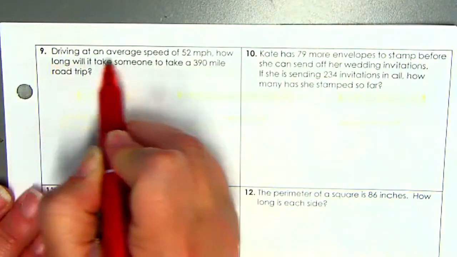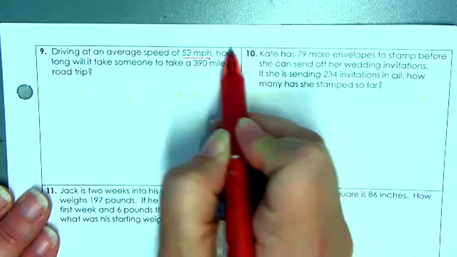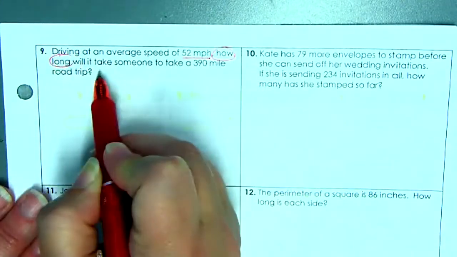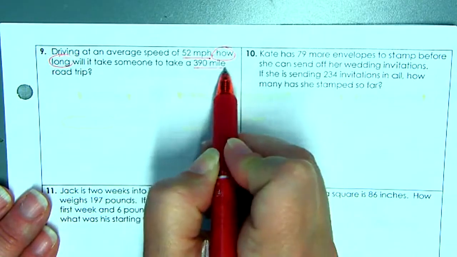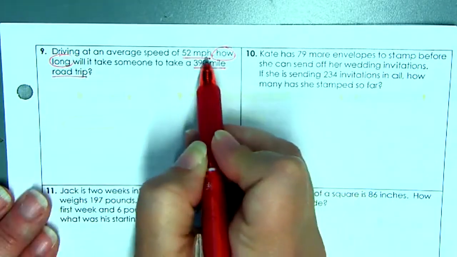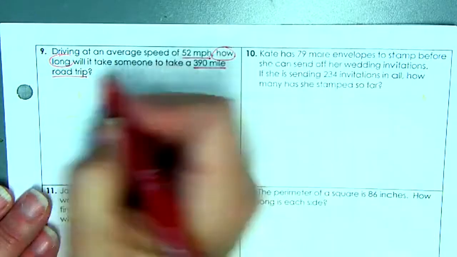Again, we're driving at an average speed of 52 miles per hour. I'm trying to find how long it will take someone to take a 390-mile road trip. It's miles per hour, so how long is going to be the number of hours.